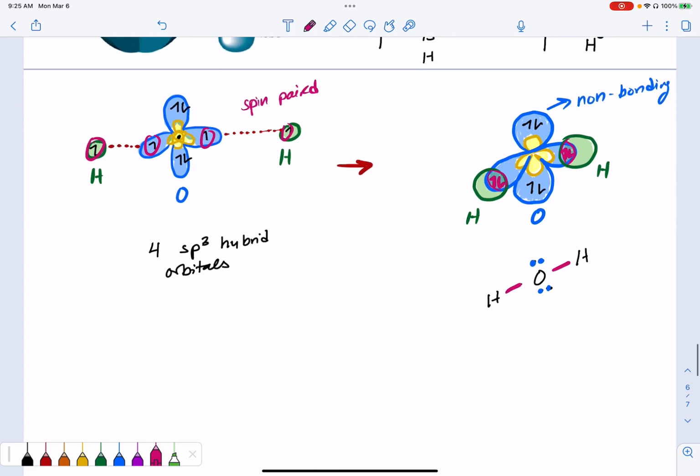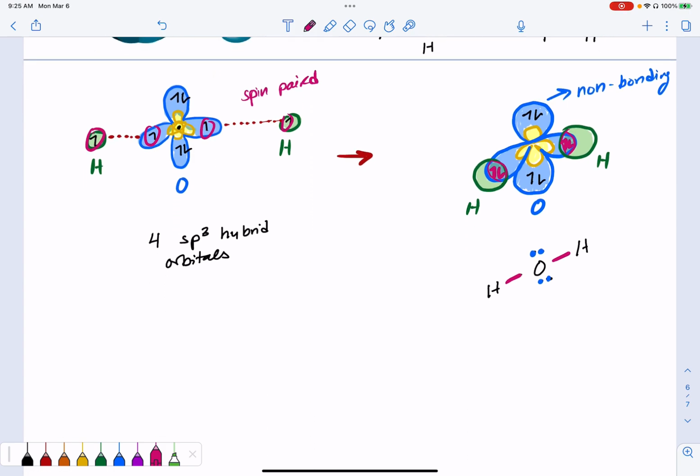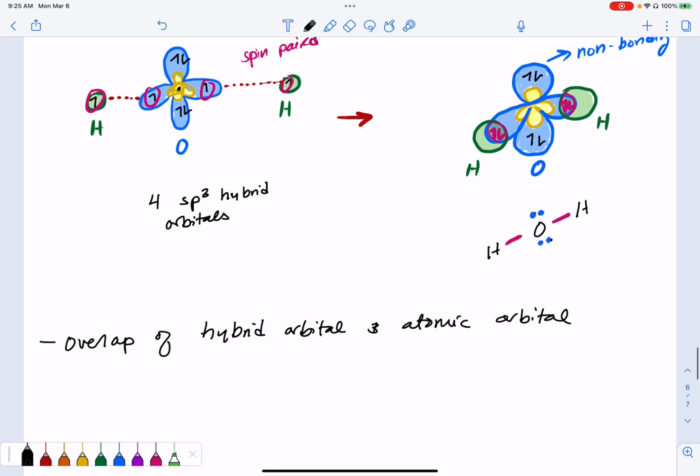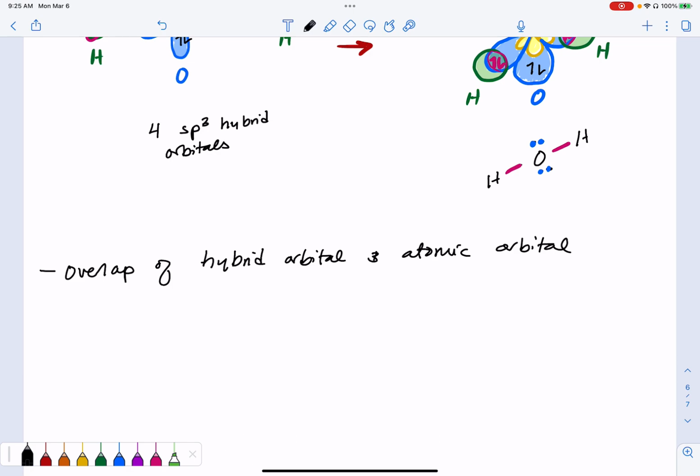Now we have a name for this pink overlap region. So overlap of some kind of hybrid orbital and atomic orbital, or just in general, any kind of atomic orbitals that is, quote unquote, head on.